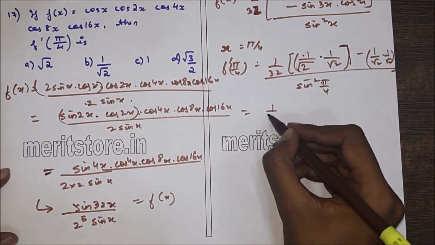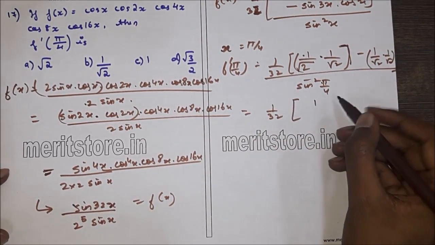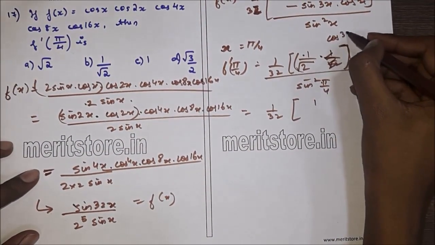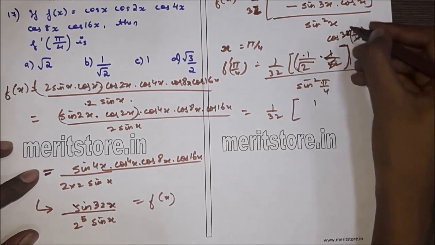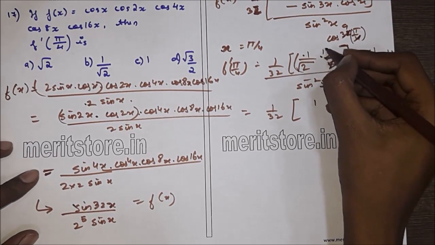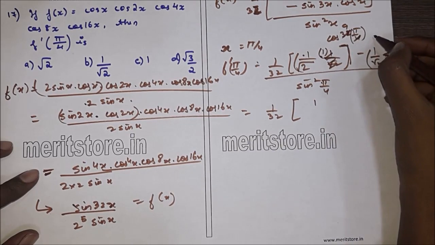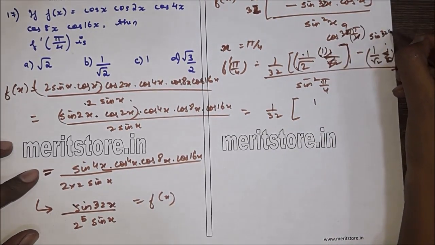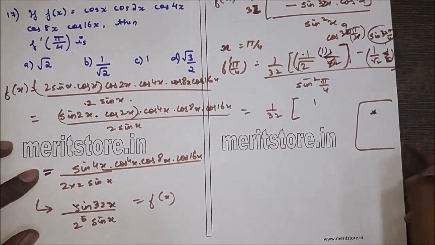This is 1 by 32. There's a correction here. Cos of 32 times pi by 4, the 4 gets cancelled, so we have cos of 8 pi, so this is 1, and sin of 32 times pi by 4, which is sin of 8 pi, which is 0.